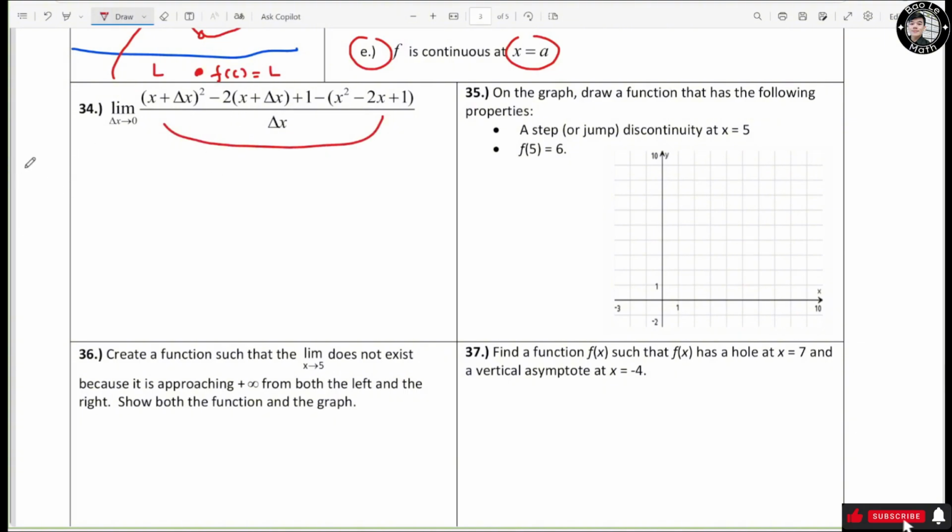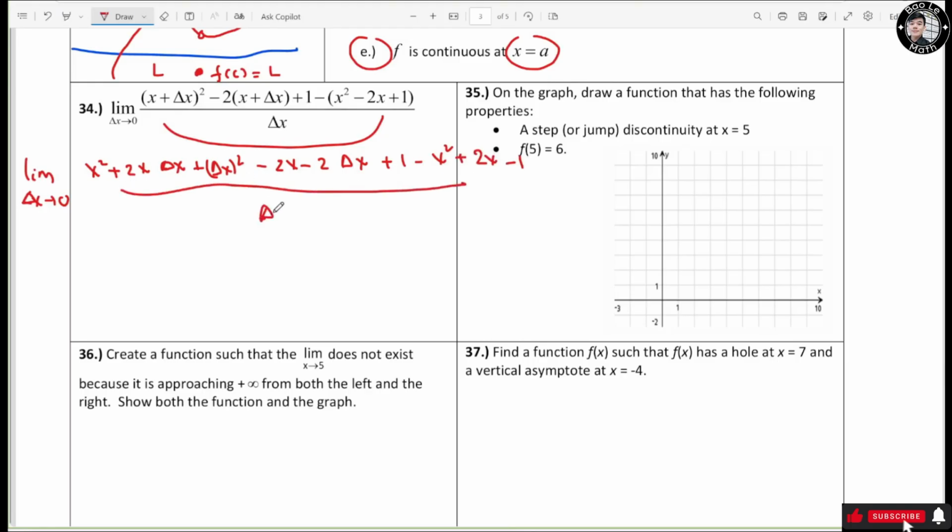We have the limit when delta s approaches 0 of, using the perfect square formula to expand, s squared plus 2s delta s plus delta s squared, minus 2s minus 2 delta s plus 1, minus s squared, distributing the negative, plus 2s minus 1, all over delta s.